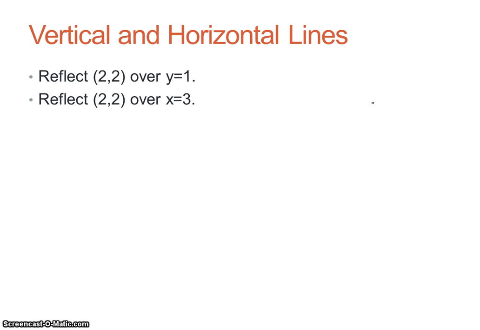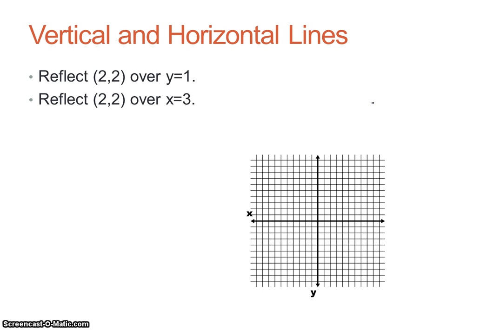Alright, so we can also just look at other vertical and horizontal lines. So not on our axis, just somewhere else. So we can reflect 2, 2, and we'll call this A. So we can reflect our point A over y equals 1. So first let's graph A, 2, 2. Alright, we're going to reflect it over y equals 1. So we go to y equals 1 and do our horizontal line.